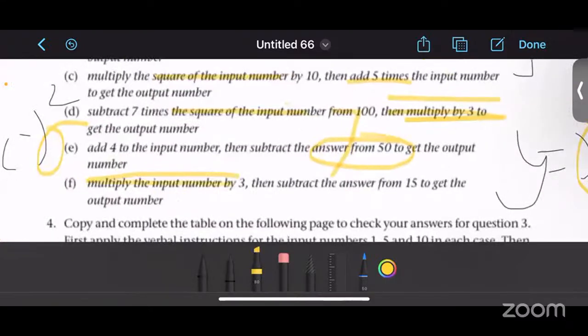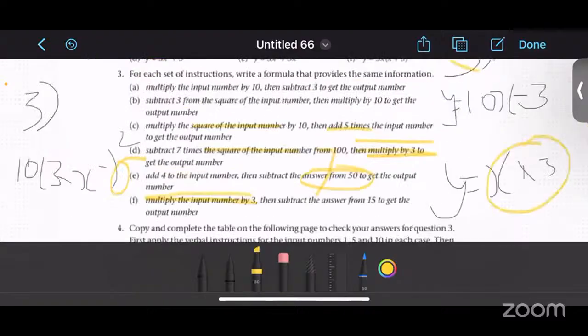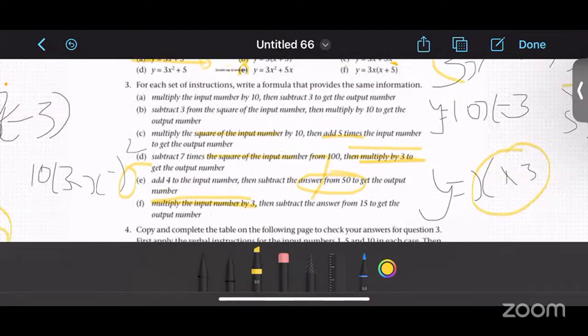This is the answer. Then we put the x times 3 in brackets, then we put minus 15.